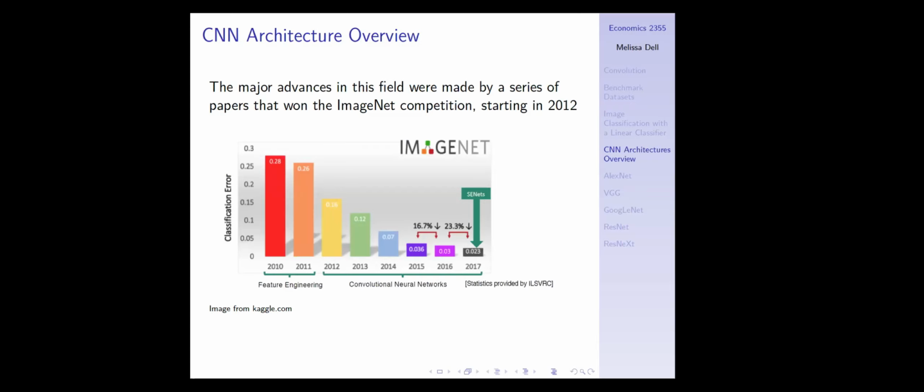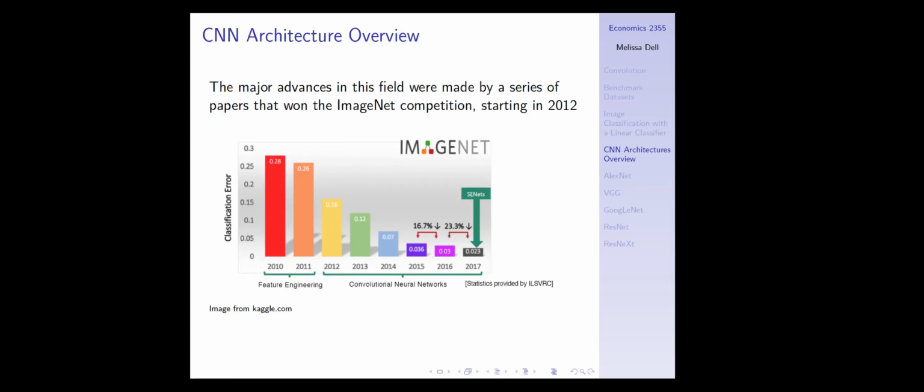And she essentially had people on Amazon Turk label a whole bunch of images and then started a contest with it. The contest itself started in 2010. I think the paper for the data set was published in 2009 and is actually one of the most cited papers in deep learning.